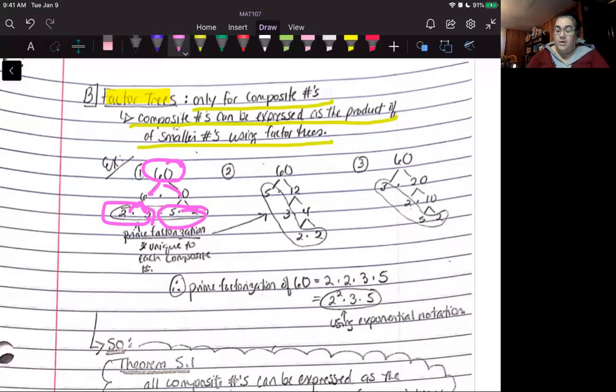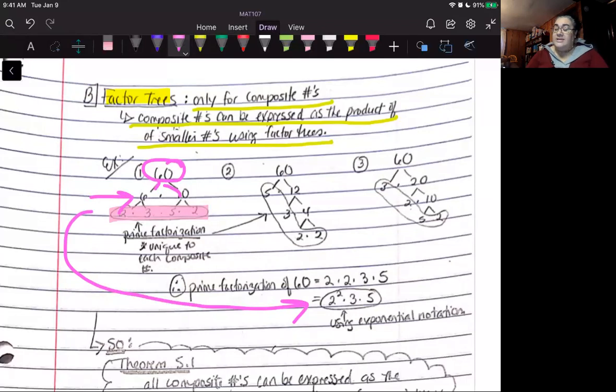So it turns out, and I'm going to go ahead and erase this and just highlight it so it's a little easier to see, it turns out that the prime factorization for 60, okay, is 2, 3, 5, 2, or the way we would write that, expressing it using exponents, as you're going to see here, is that we would write it like this: 2 squared, because it appears twice, and then times 3 and times 5. We usually put it in increasing order, okay? But that's because we started with the factors 6 and 10.